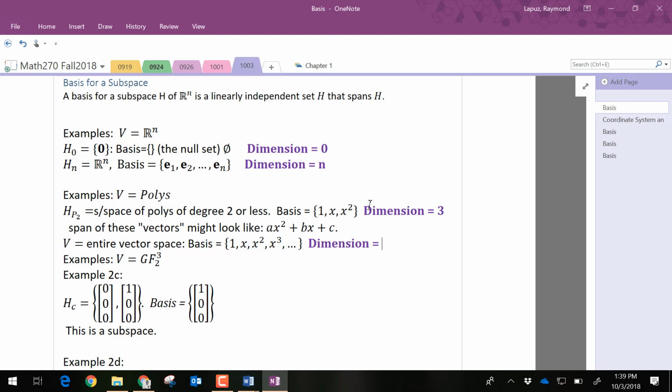The number of basis vectors. Basis, yeah. Because you want to know what dimension you're in. You're in the third dimension, you're in the second dimension.